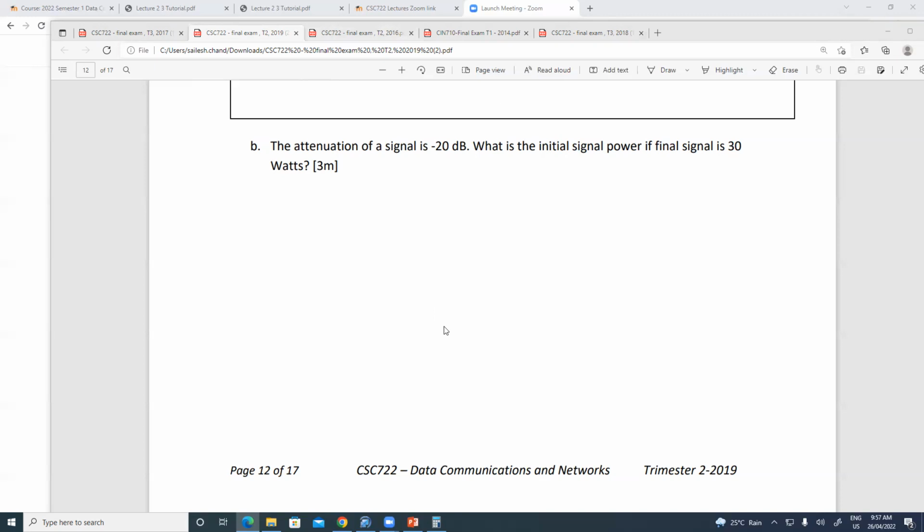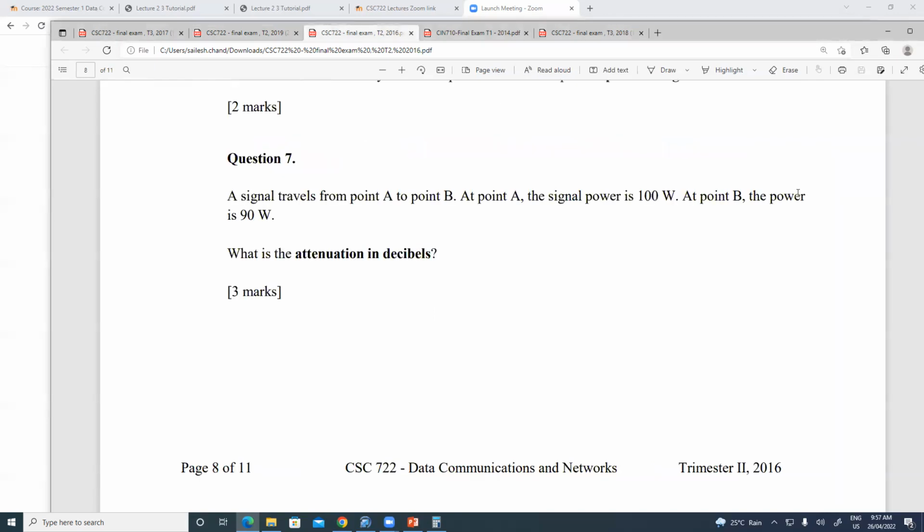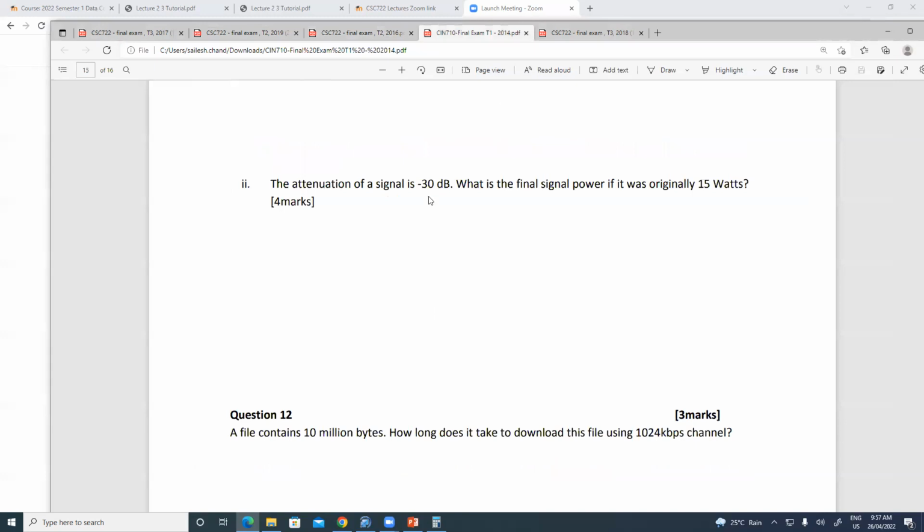Anyone confused here? The other questions are very similar here.